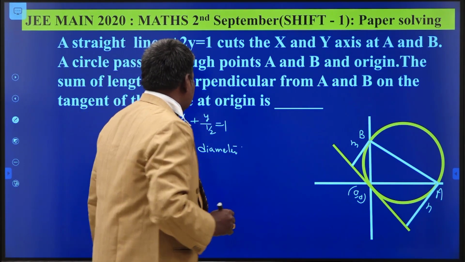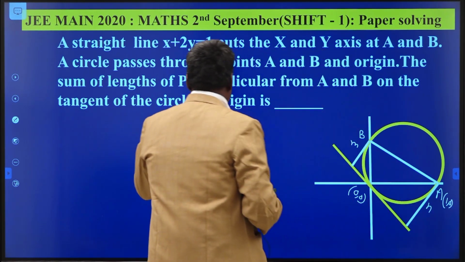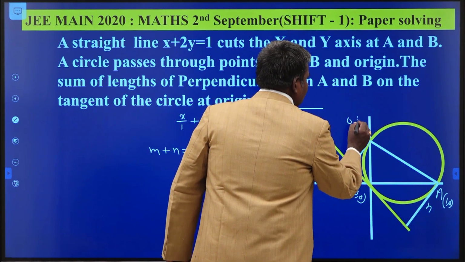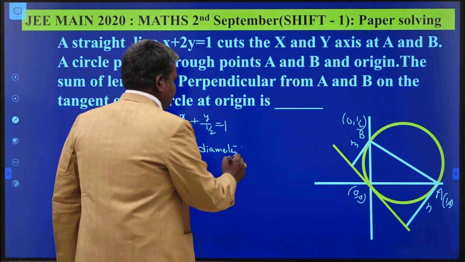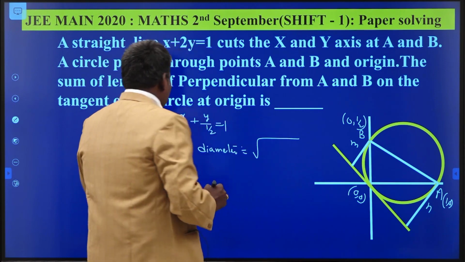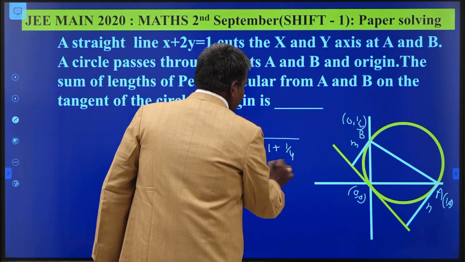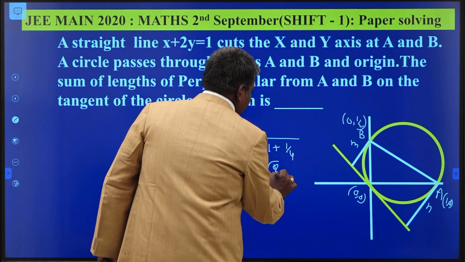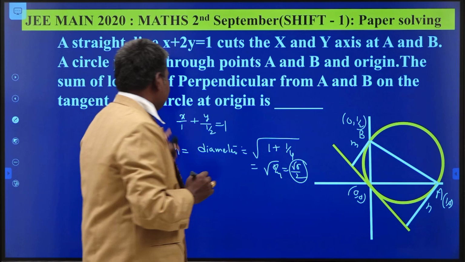How to obtain this length of diameter? The coordinates of A are (1, 0), the coordinates of B are (0, 1/2). You just find the distance between the two points, you get the required length, which equals m plus n. Root of 1 plus 1/4, that is root of 5/4, that is root 5 by 2, is your answer.